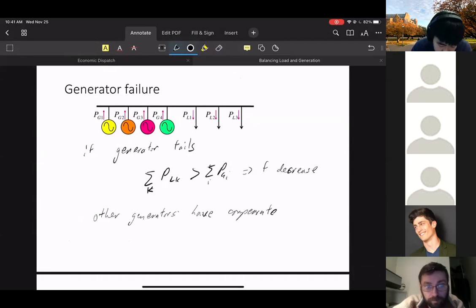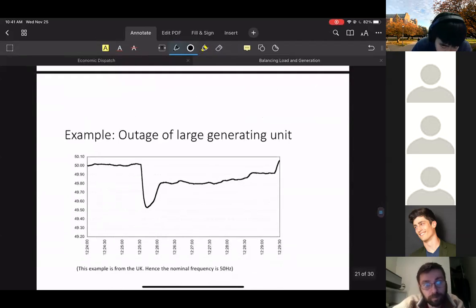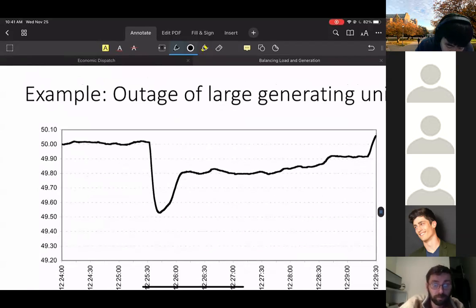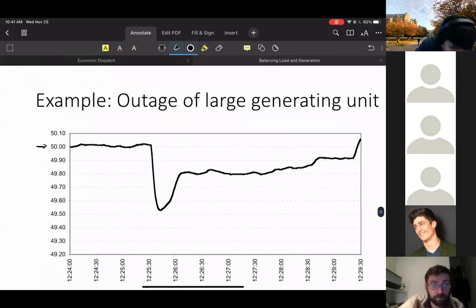And this is a big event, because whenever you see a big frequency drop, it's basically of this form. This is a UK example. The nominal is 50 Hertz because we're looking at a UK system, so for them the nominal frequency is 50 Hertz.